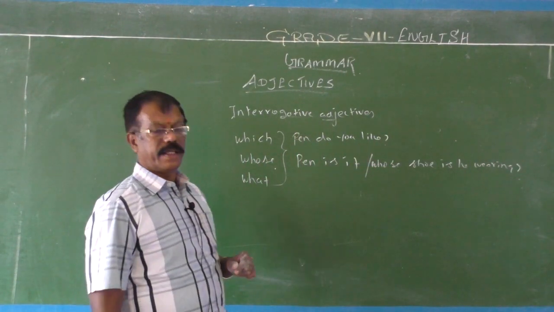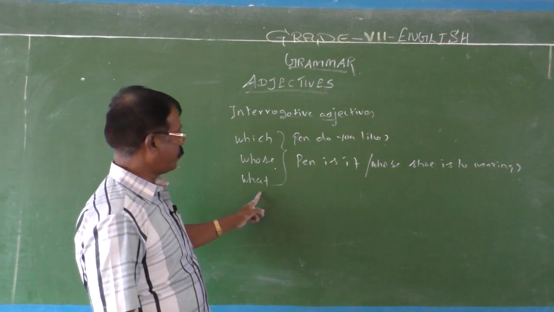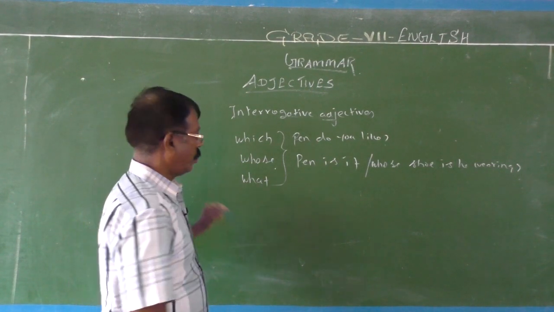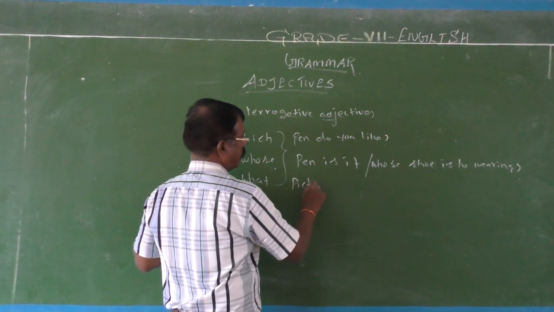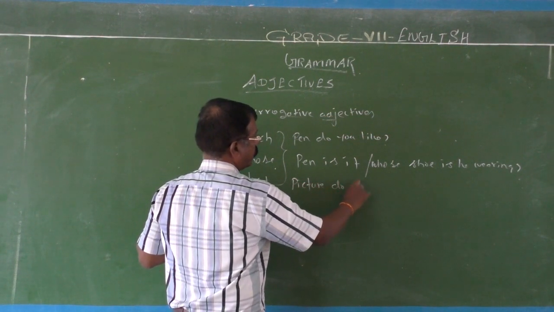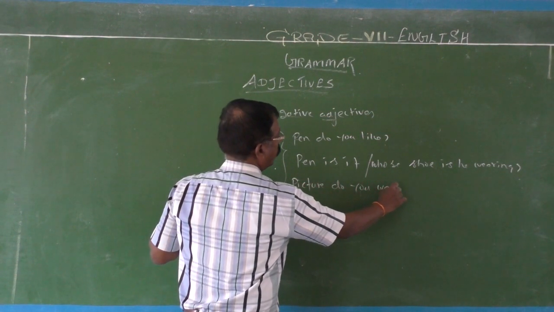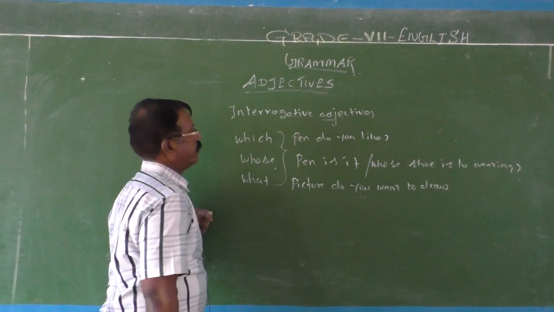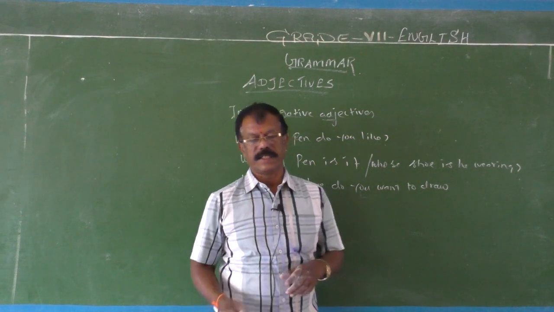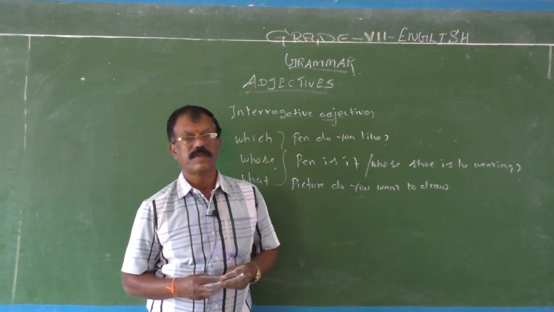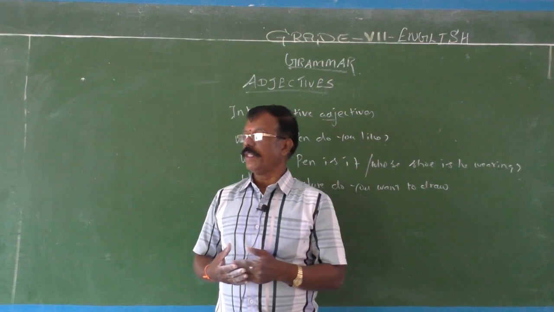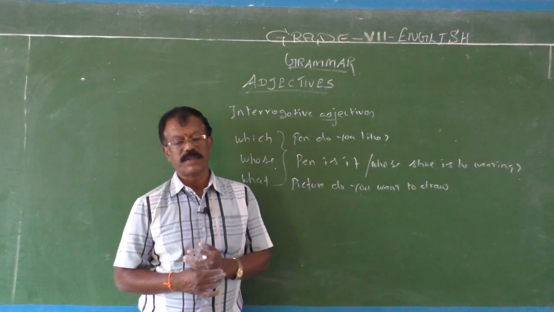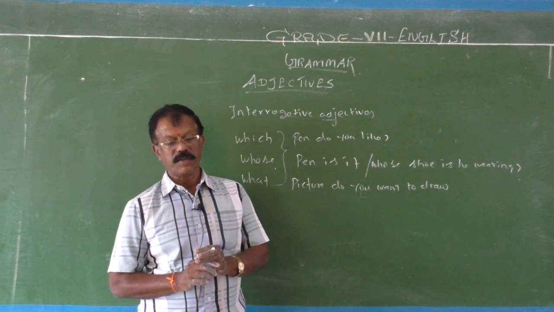Which pen do you like? Then what picture do you want to draw? So they are called interrogative adjectives. These interrogative adjectives help us to frame interrogative sentences. Therefore, they are called interrogative adjectives.